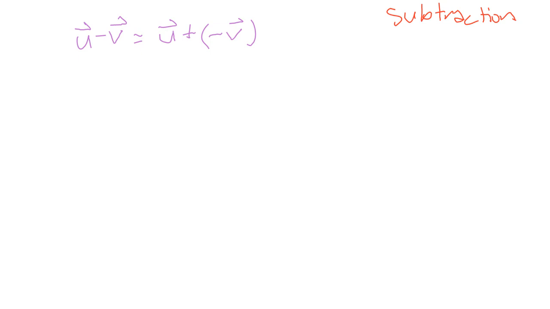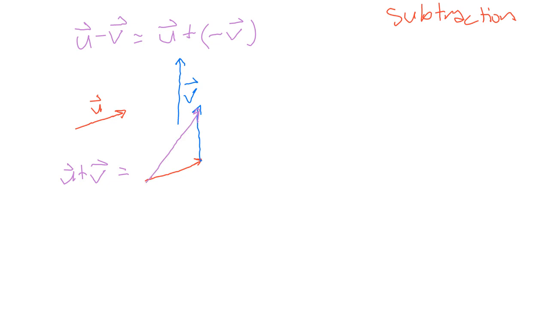Let's say we have vector u like this and vector v like this. If we wanted to do u plus v, that would essentially be going over, then going straight up, and our resultant is going to be from here to here.